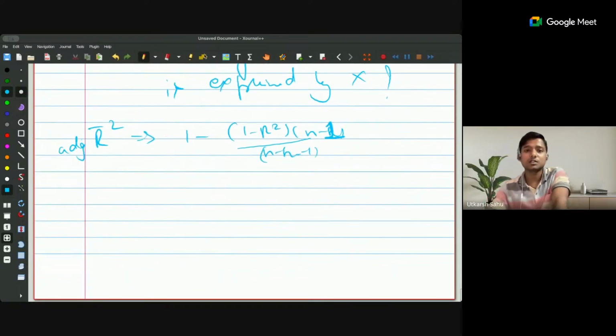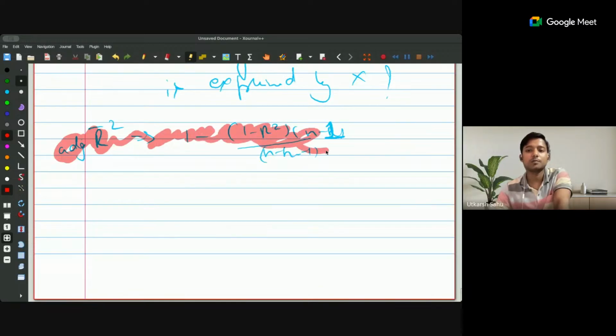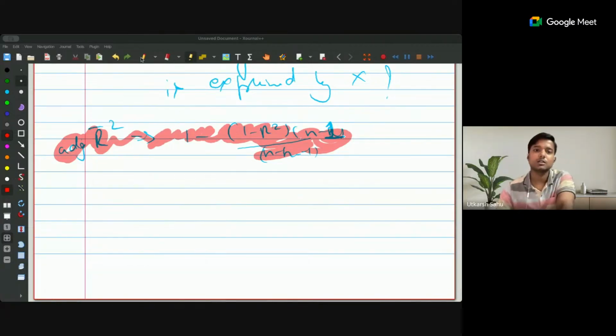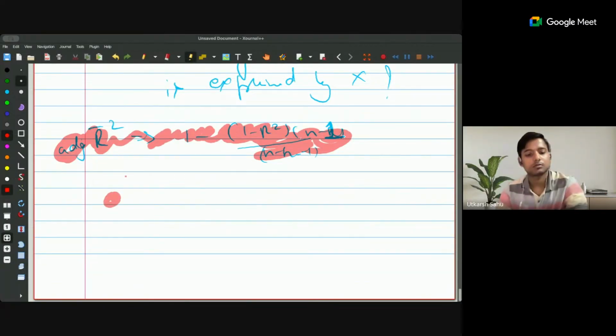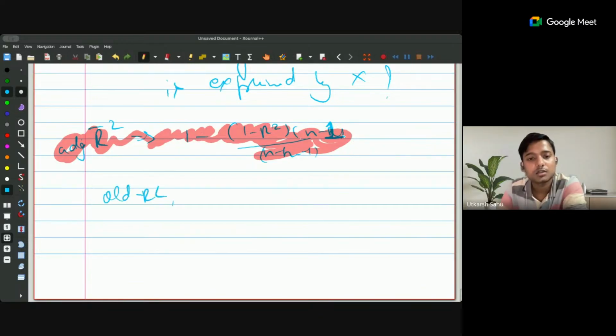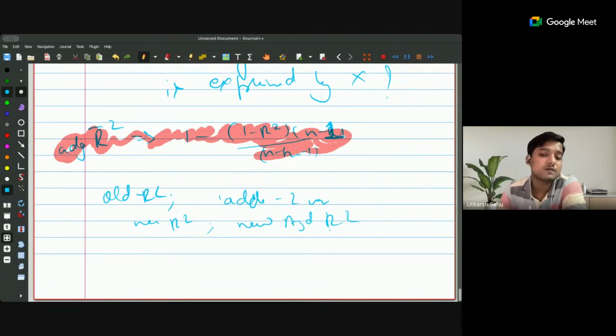So on adjusted r square, 2-3 things you should remember. They will give you a passage and they will say this was my old r square, I added let's say 2 variables, this is my new r square, this is my new adjusted r square. Is this variable significant or not?